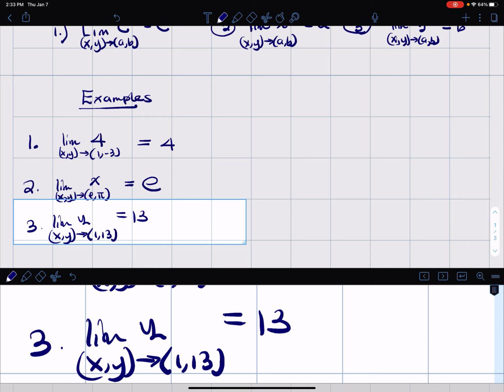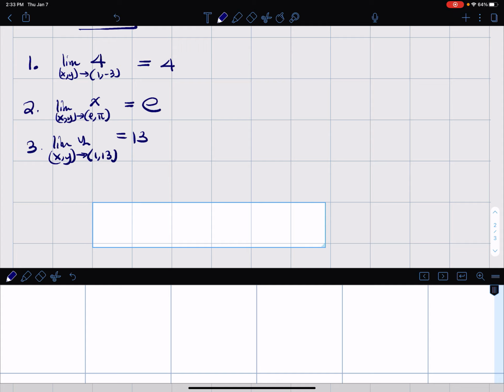What do I do next? The laws of limits, if you remember the laws of limits from Calc 1, they apply here.